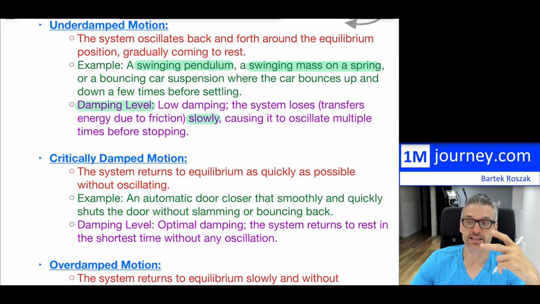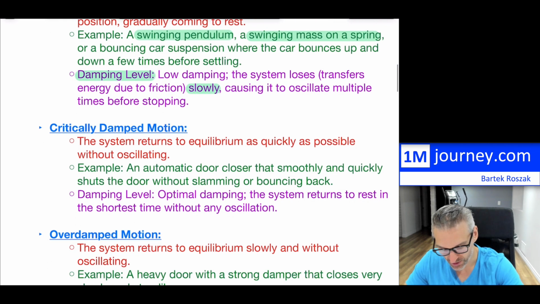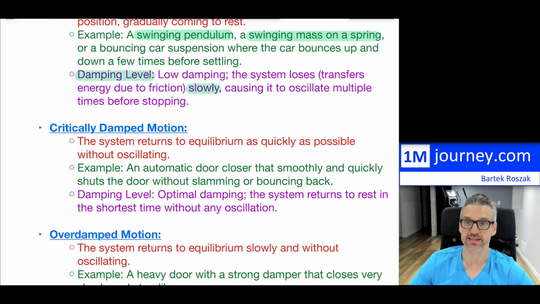The second type of damped motion is critically damped motion. So what is critically damped motion? As you can see in the definition on the screen, critically damped motion is a system which returns to equilibrium as quickly as possible, but without oscillating.